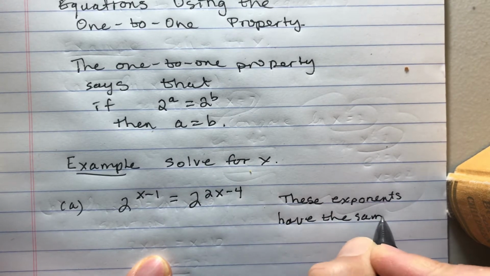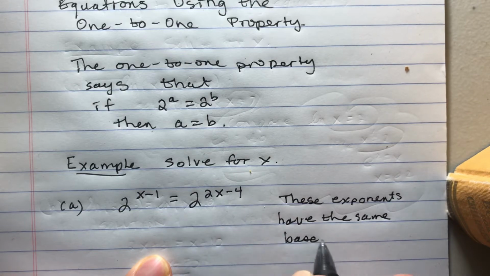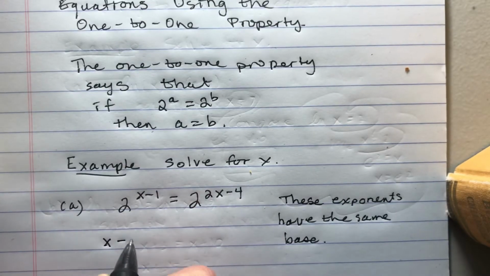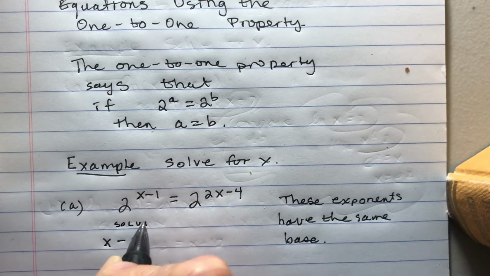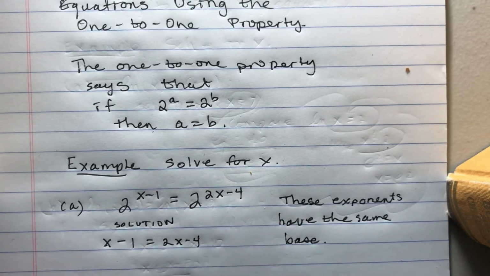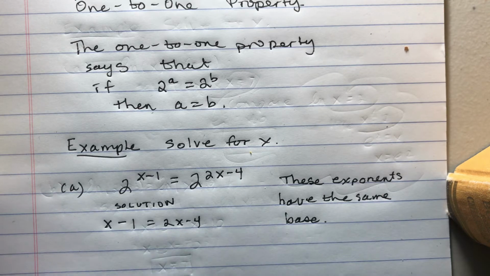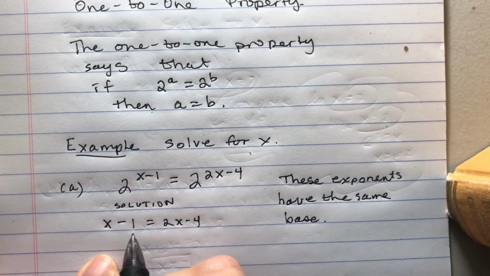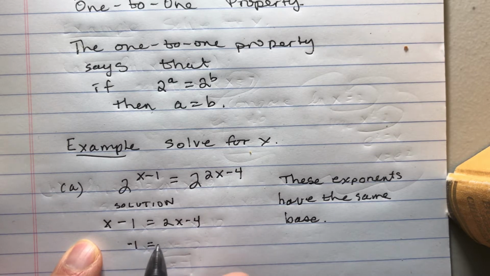And that's what we need if we want to use the one-to-one property. So then that becomes x minus 1 equals 2x minus 4. And then you solve this linear equation whatever way you want. I can subtract x from both sides, add 4 to both sides.